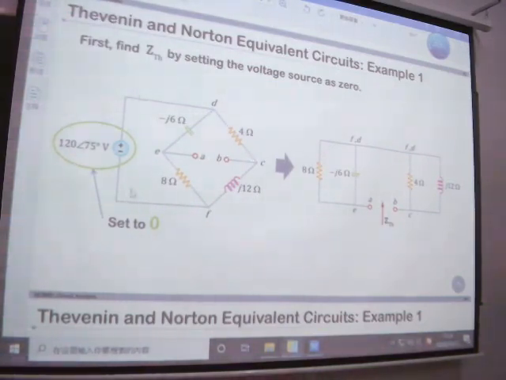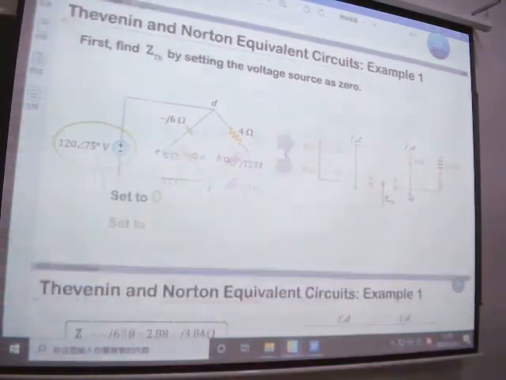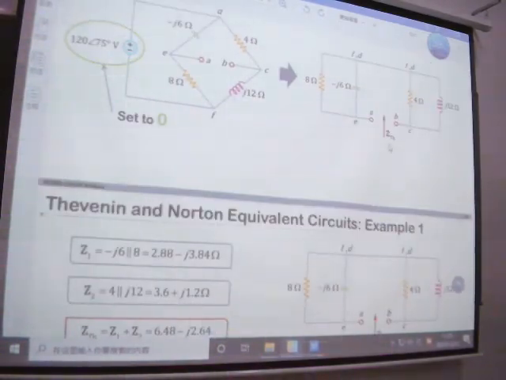So we just set it to 0 and then calculate the equivalent impedance. If we set a voltage source to 0, we use a wire instead of it, right? Then this part becomes this, and this part becomes this. And then what is the value of ZTH?